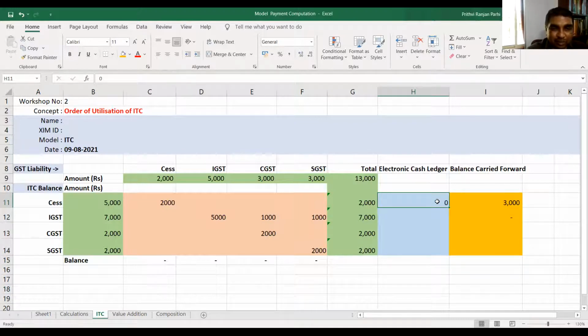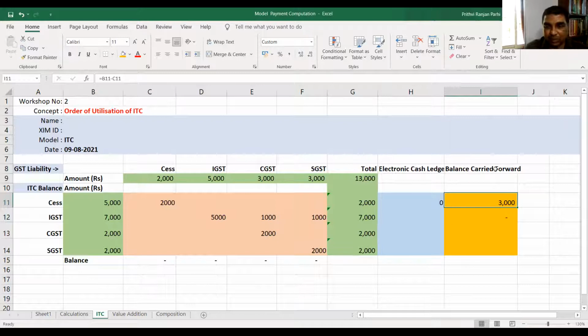Excuse me. Yeah, please. You want to ask something? Sir, can you just show the last column balance formula, sir? Balance carried forward. I'm going to show you. Are you able to see the screen completely? Yes, sir.